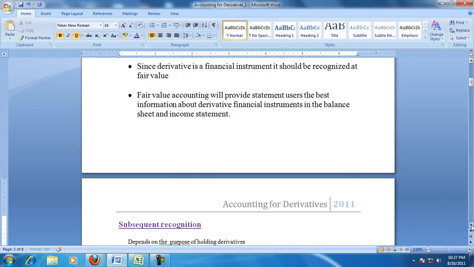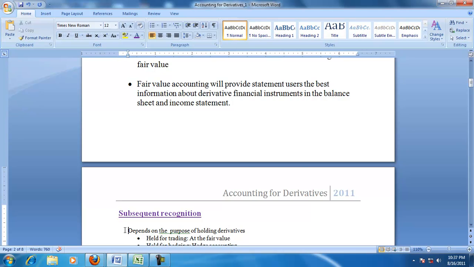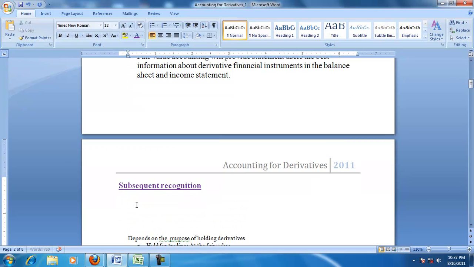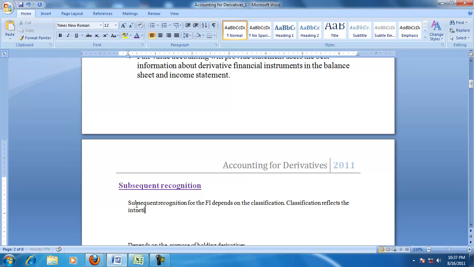The subsequent recognition for a financial instrument depends on the classification, and the classification reflects the intention of holding or acquiring the financial instrument.